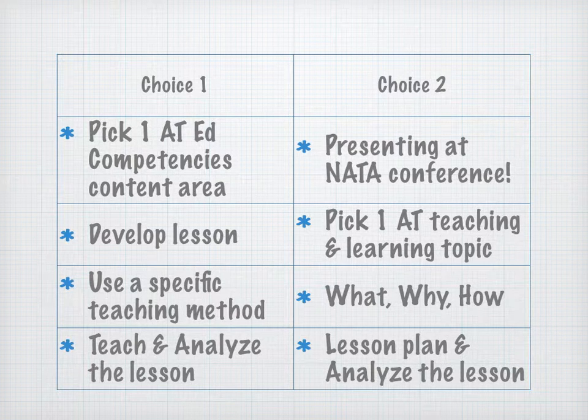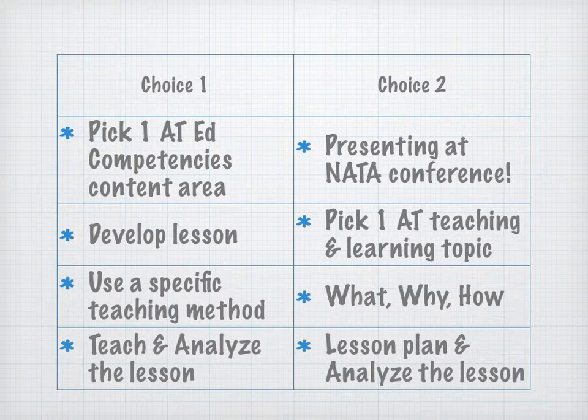There's a whole bunch of them listed inside the syllabus, about 20 of them. You'll pick one, and then develop a presentation on the what, why, and how. You'll also develop a lesson plan and analyze the effectiveness of that particular athletic training teaching and learning topic.